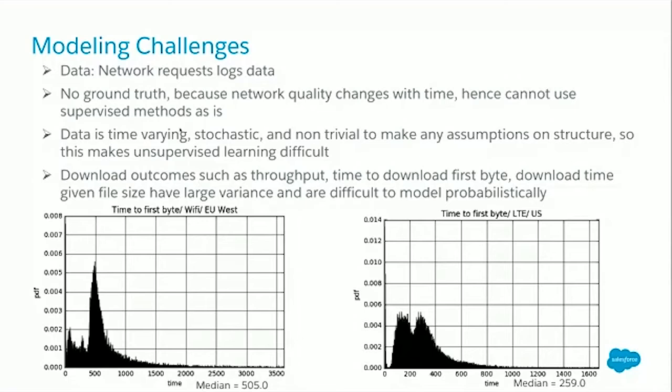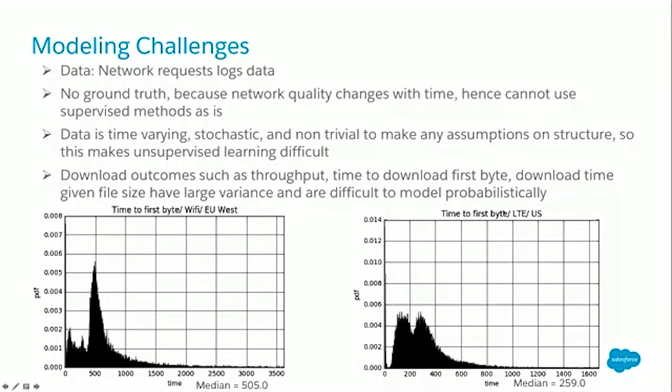Also, download outcomes such as speed throughput, time to download first byte, and download time have large variance and are difficult to model probabilistically. Just to give an illustration of what I mean, I've taken the time to download the first byte for two conditions. The first is a Wi-Fi network in Western Europe on an EOS server, and the other is an LTE network in the United States.